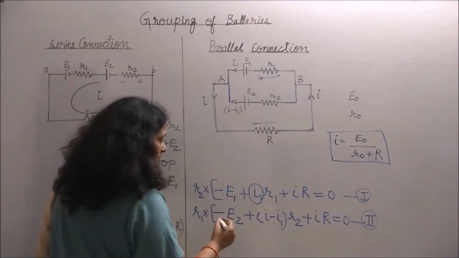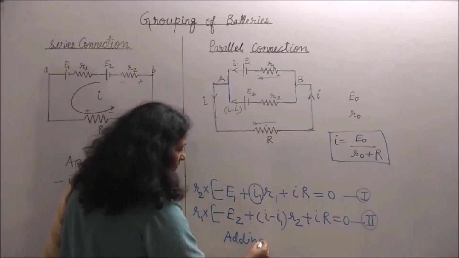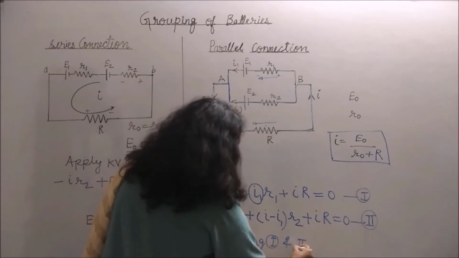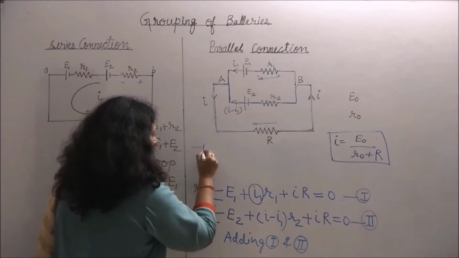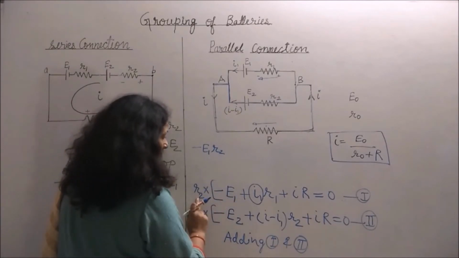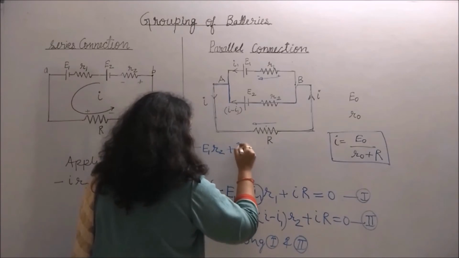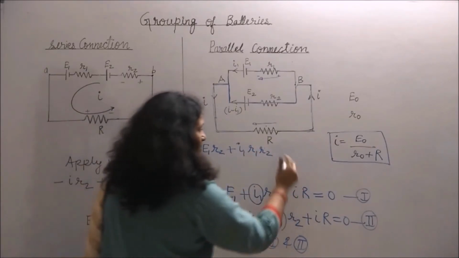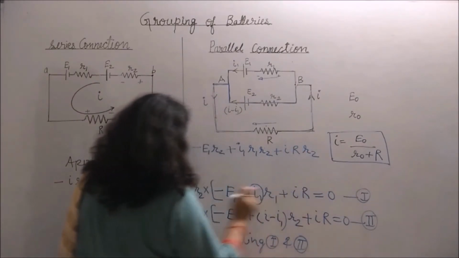So multiplying and adding 1 and 2, we will get an equation that is minus E1 R2, multiplying this with R2, plus I1 R1 R2, plus I R R2, these three terms.